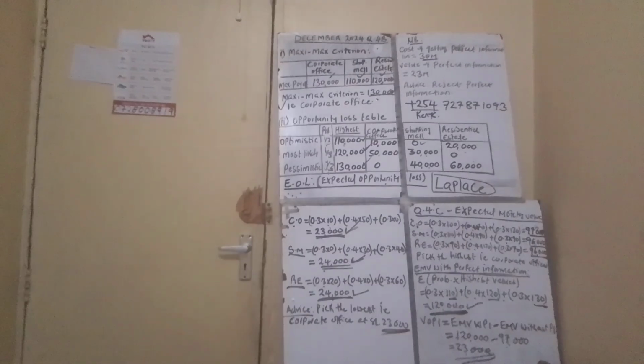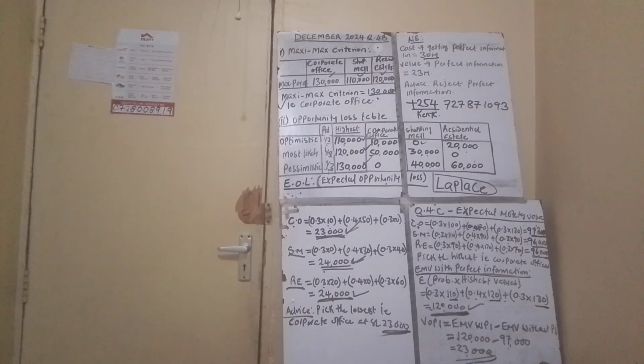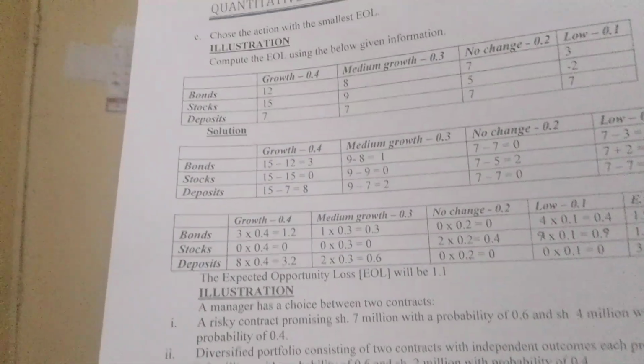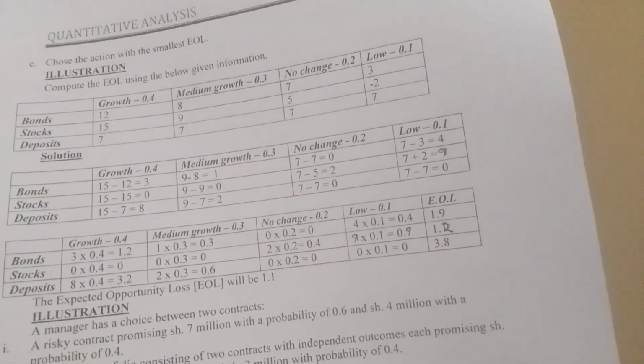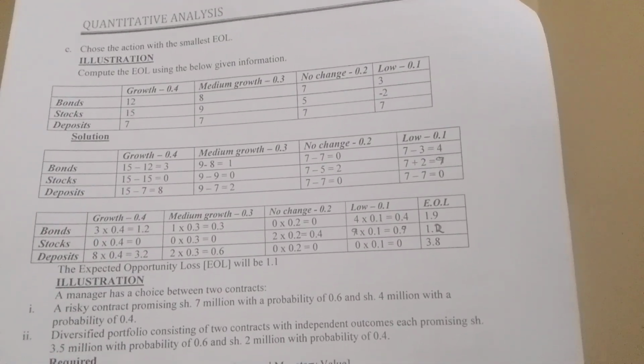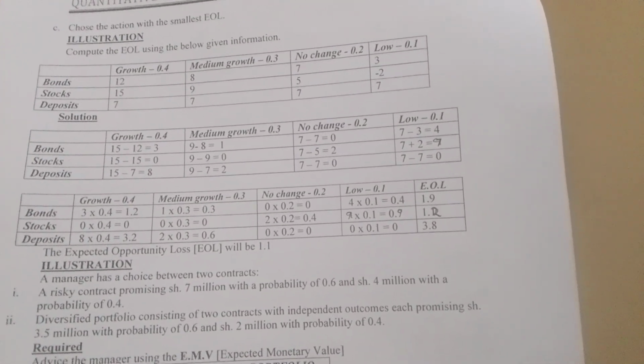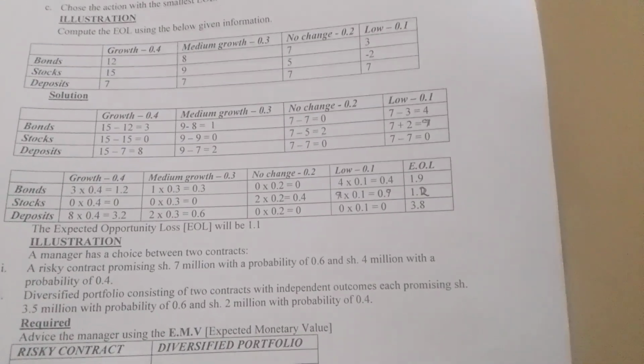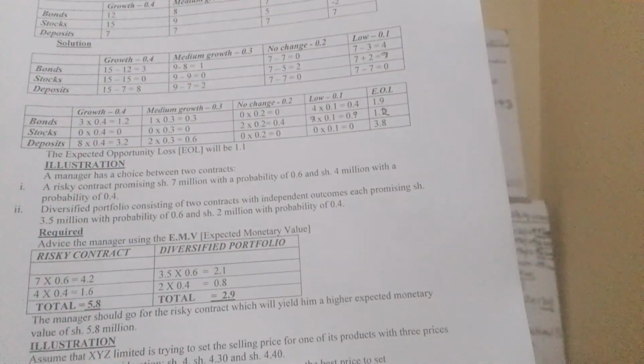You can check from the other side what we have done. Illustration: compute the expected opportunity loss using the given information. Solutions are there.